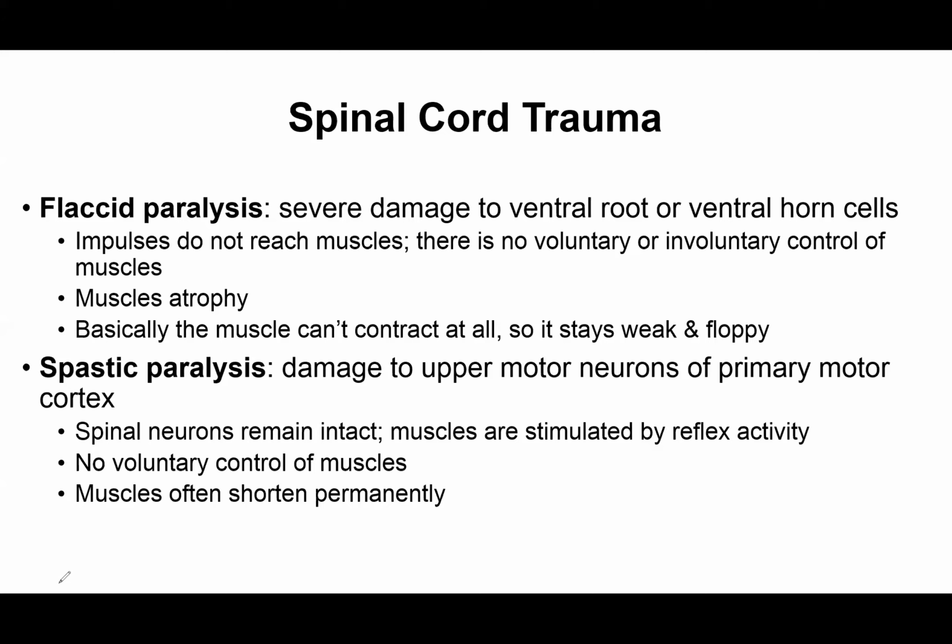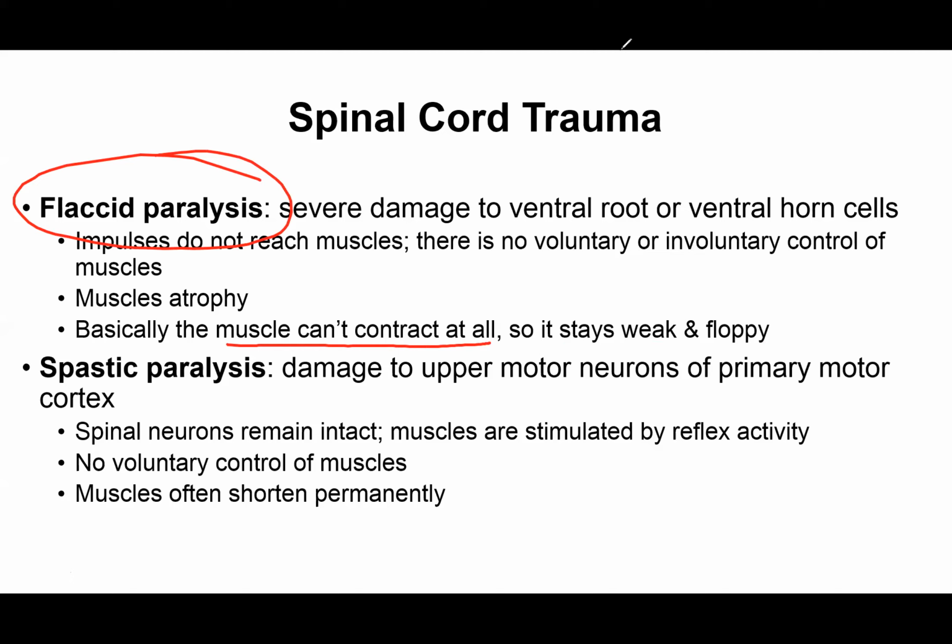And due to this, the muscles begin to atrophy. So basically the muscles can't contract at all and the muscle will stay weak and floppy in flaccid paralysis. Okay, so flaccid paralysis, muscles can't contract, and so we're going to have a weak and a floppy muscle.